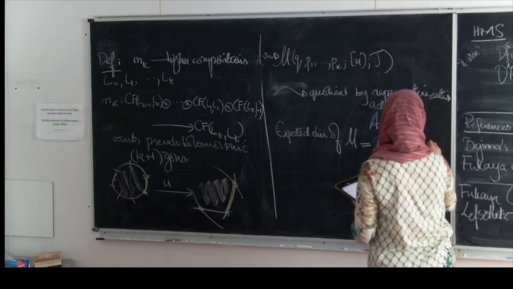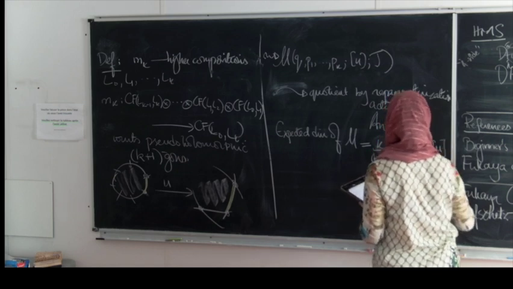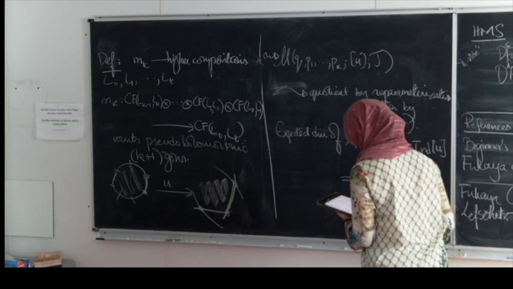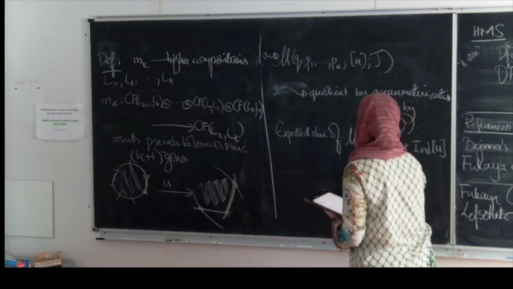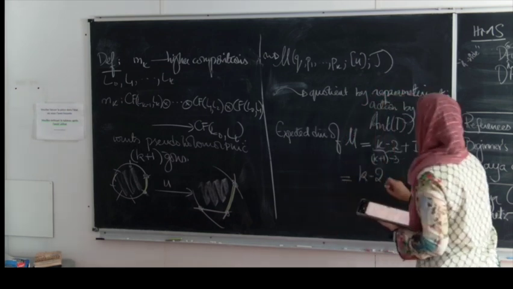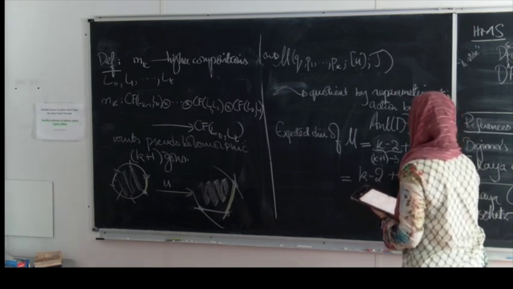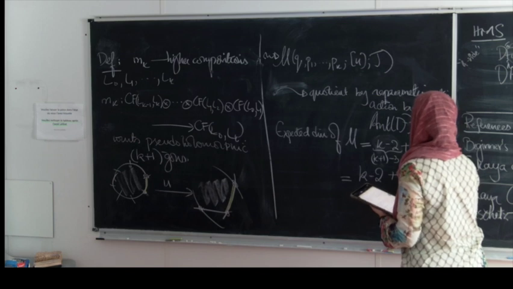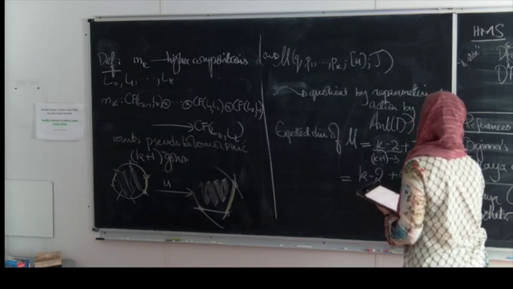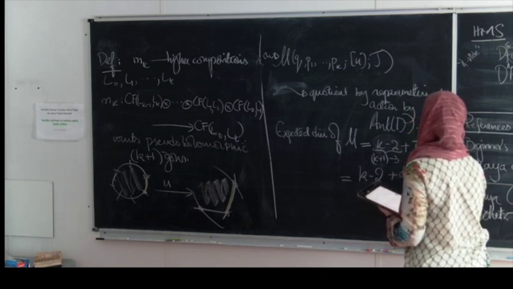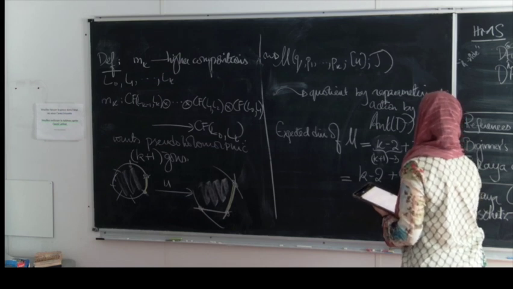plus the index of the disk u, and that's basically just k minus 2, the same, plus degree of q minus the sum of degrees of the p_i, i goes from 1 to k.